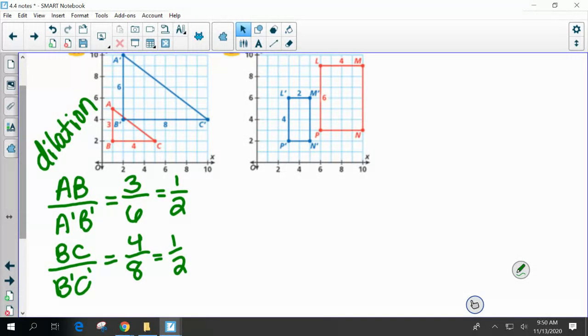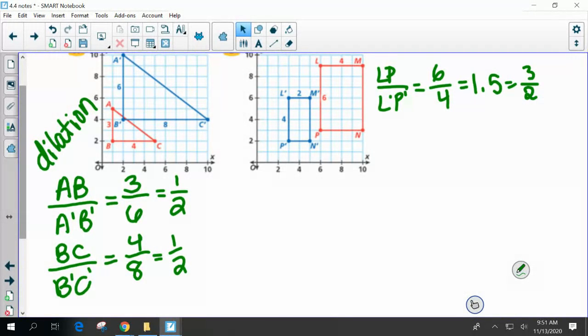Okay, so now if we look at this rectangle, we're going to do the same thing. We're going to look at LP over L prime P prime. So you count your measurements. In this case, we're going from red to blue again. LP is 6 over L prime P prime, which is 4. So 6 divided by 4 is 1.5, or you could say 3/2.